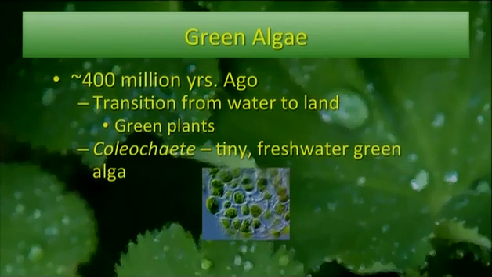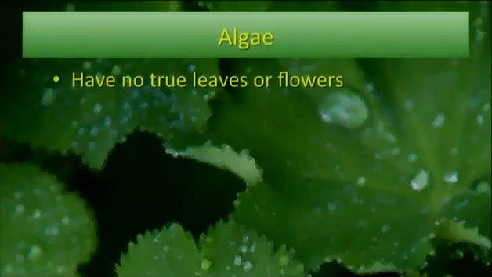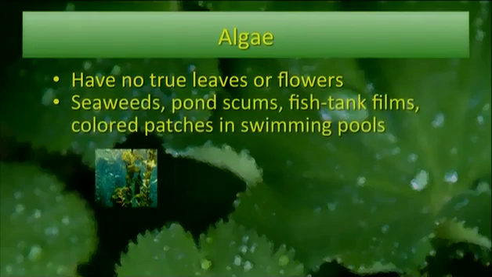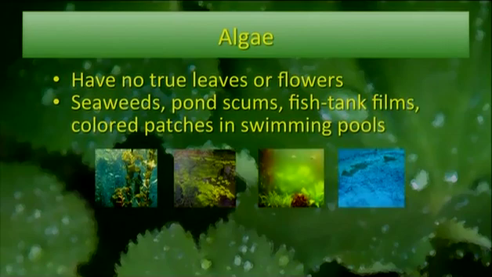Now, algae themselves, some of their characteristics: they have no true leaves or flowers. They just have a body known as a thallus, which is not differentiated into tissues. Algae include seaweeds and pond scums, fish tank films, and the colored patches in swimming pools, as you can see if the swimming pool doesn't have enough chlorine in it.